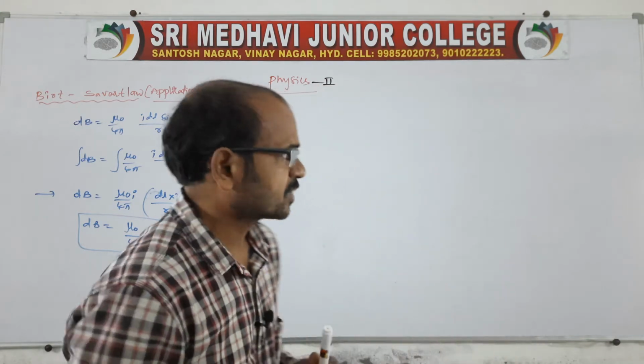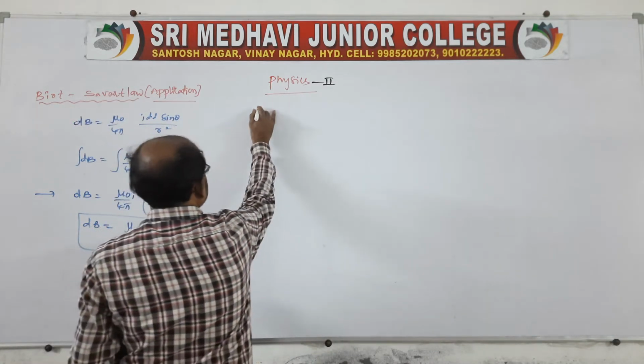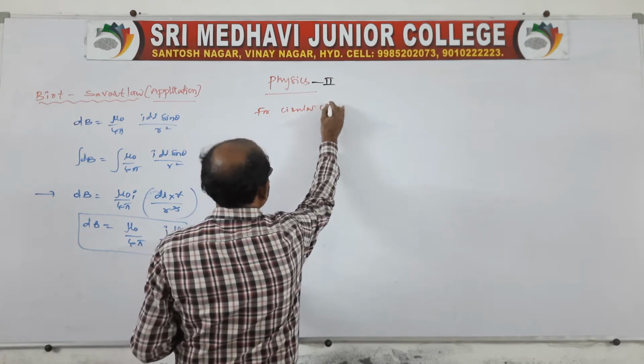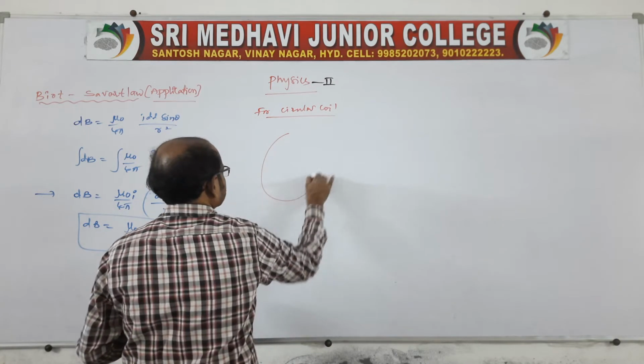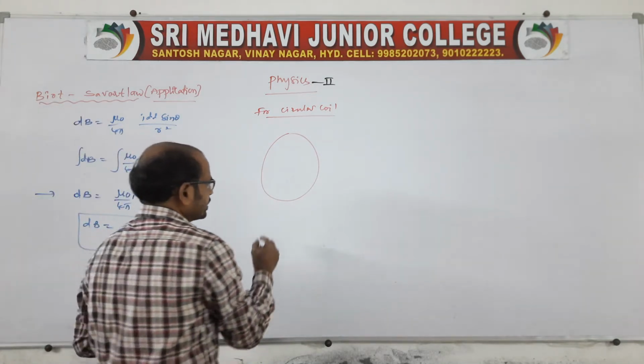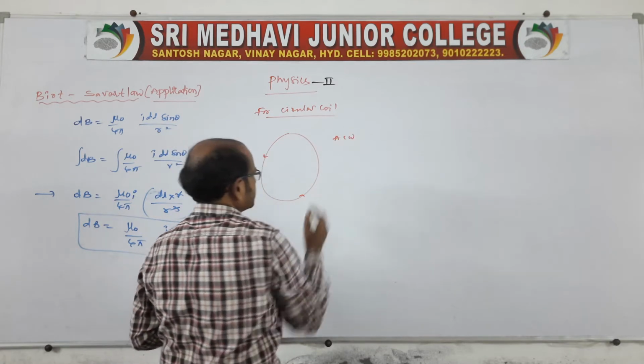In the same way, let me tell you about circular coils. If I take a circular coil, there will be a current carrying circular coil. Suppose the current is in the anti-clockwise direction, ACW.